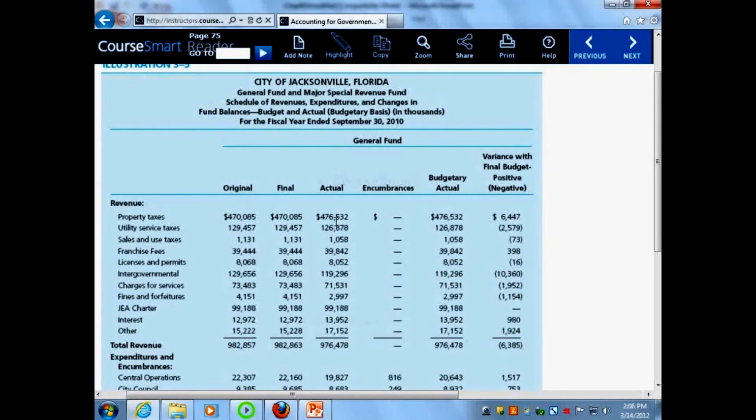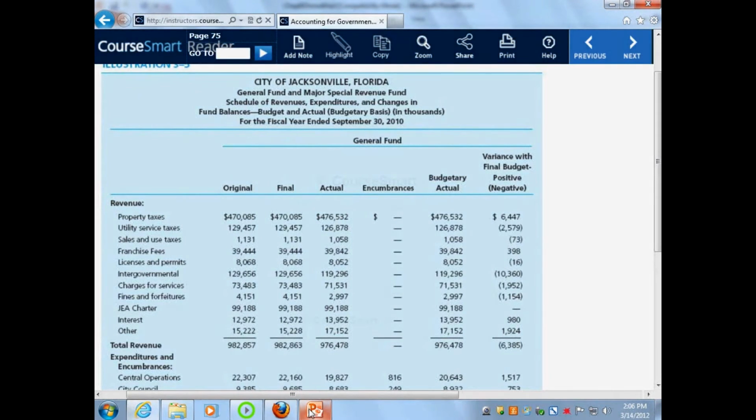Notice another thing: the format of these revenues is different from the functional format of the governmental statement of activities. This is what people are really concerned about: what was the budget, how much did I spend, what's left? All right, moving on.